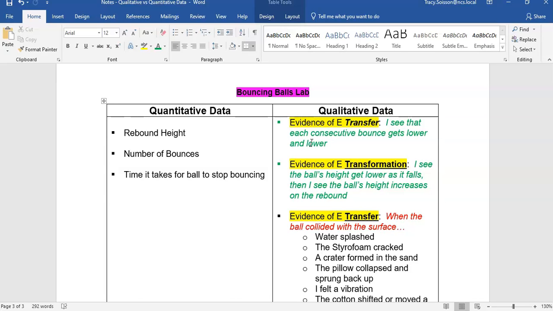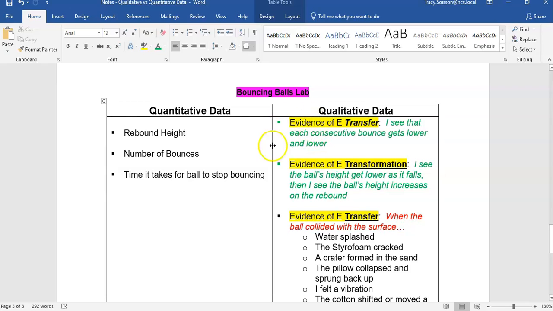When you see that each consecutive bounce is getting lower and lower, that is sight evidence. You see with your eyes that the ball's energy is leaving the ball and going someplace else. The evidence that energy transfers out of the ball and goes to another location is proved by the fact that the ball's rebound gets lower and lower each time.